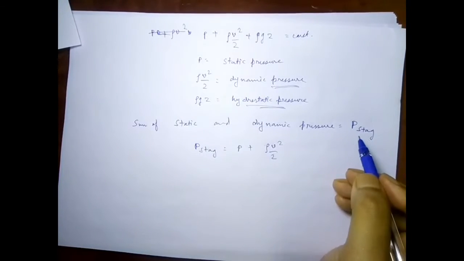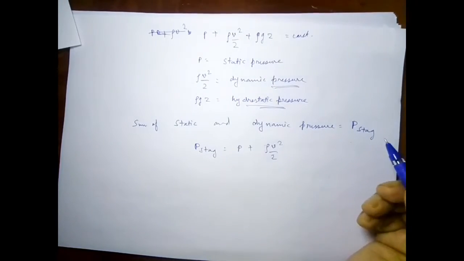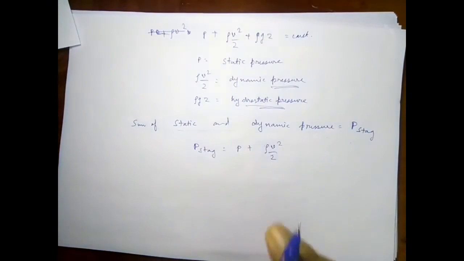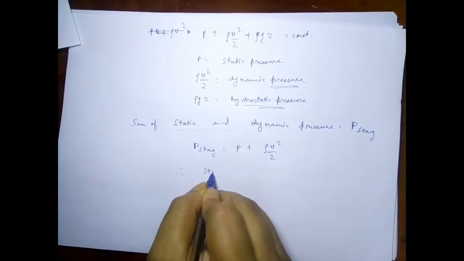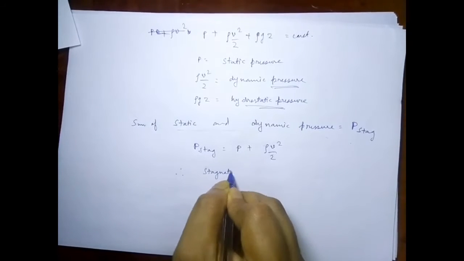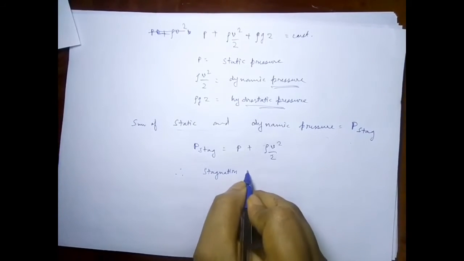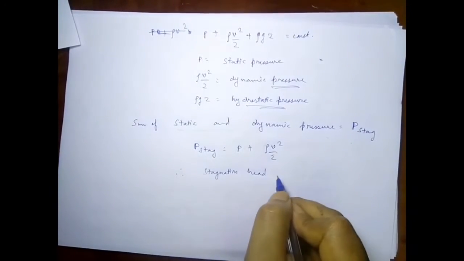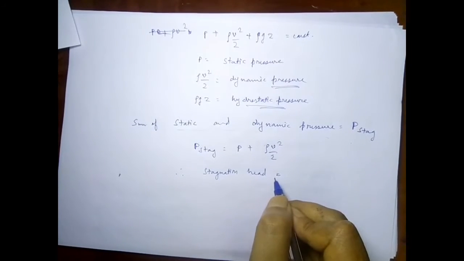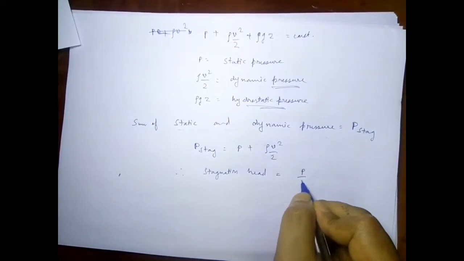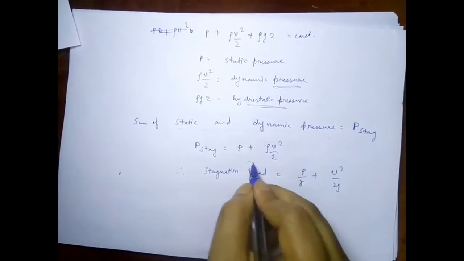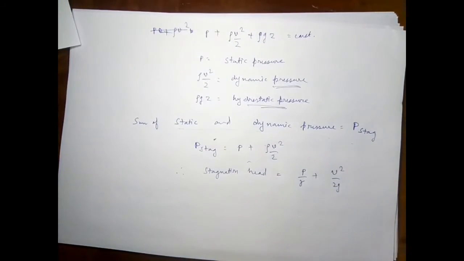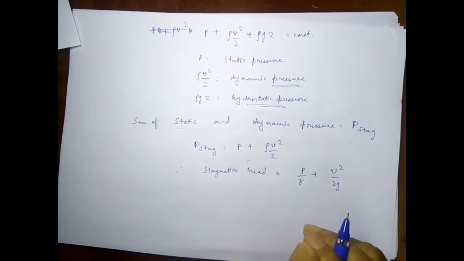So when you are asked what is stagnation pressure, it is nothing but the sum of static and dynamic pressure, and therefore the stagnation head, if you are asked what is stagnation head, you will simply divide the equation with gamma, and therefore you will get P upon gamma plus V square upon 2g.